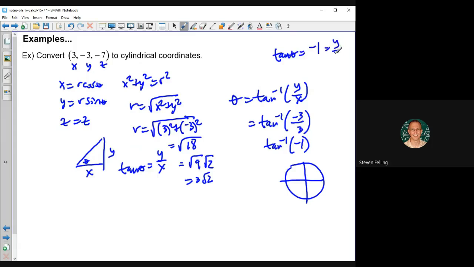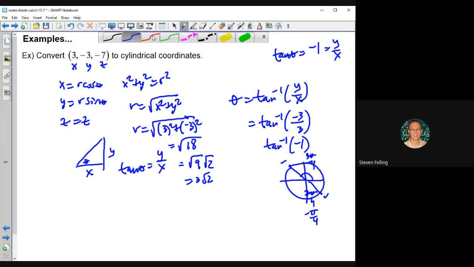And the tangent we know is y over x. So y and x have to be the same except opposite directions. Tangents are negative here or here. And if the y and x are equal in magnitude, they would be at these locations. So the angle is either 3 pi over 4, or it's 7 pi over 4, or it could be written as negative pi over 4.